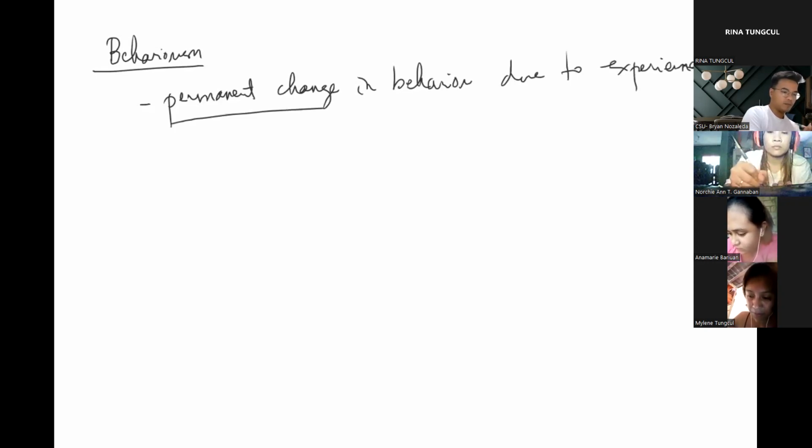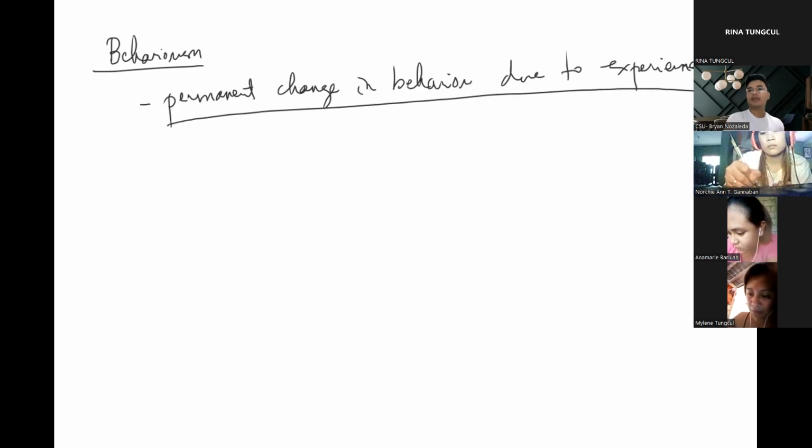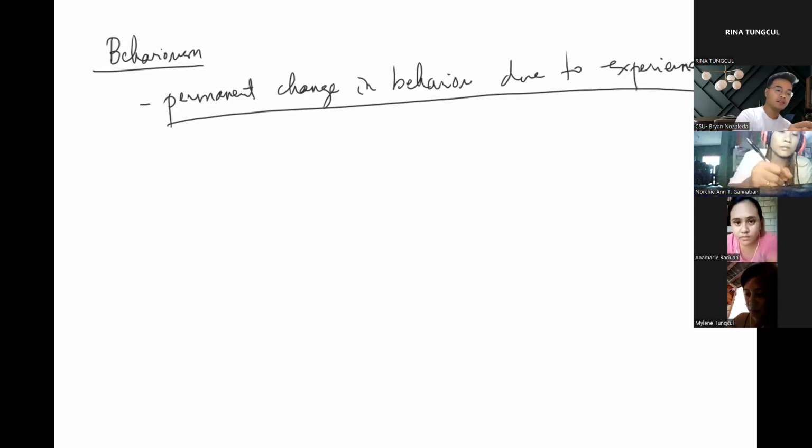Okay? It's a permanent change in behavior due to experience. Ito ay isang permanenteng pagbabago sa behavior ng isang tao dulot ng isang experience, due to experience.